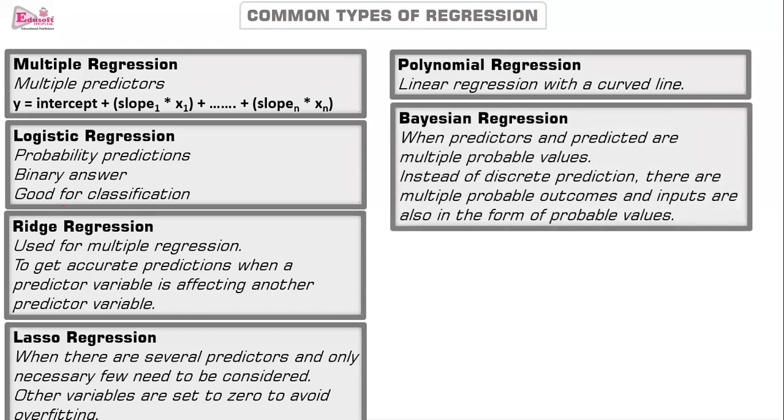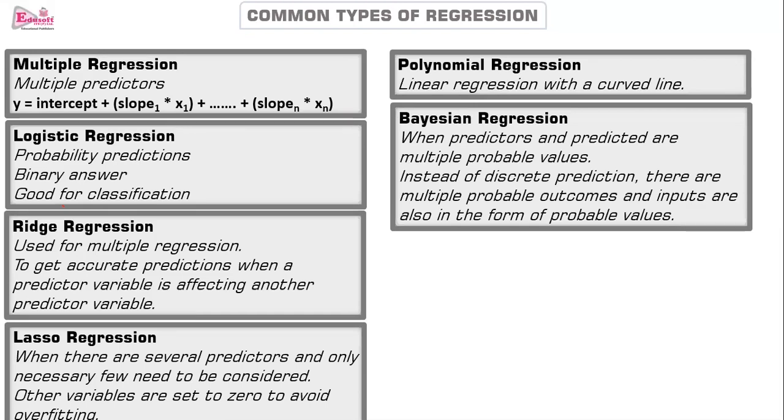Then sometimes we pick up the predictor variables for analysis. Generally this happens, but in certain cases we do not use the exact values of the predictors. What we do is calculate the probability values out of those predictors. Suppose there are 20 X variables, 20 predictor variables, and by analyzing them we calculate some probability.